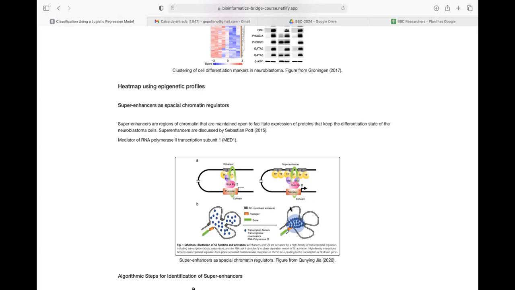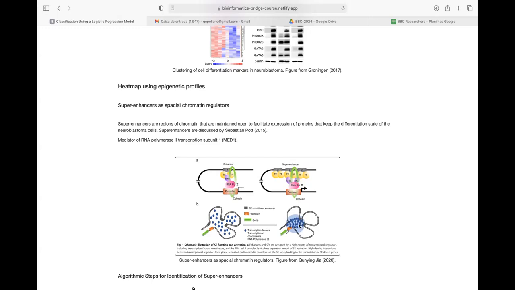You can also call this a pattern of differentiation, right? The cells maintain a high expression of those genes because they need to maintain their state as an adrenergic cell in this case.